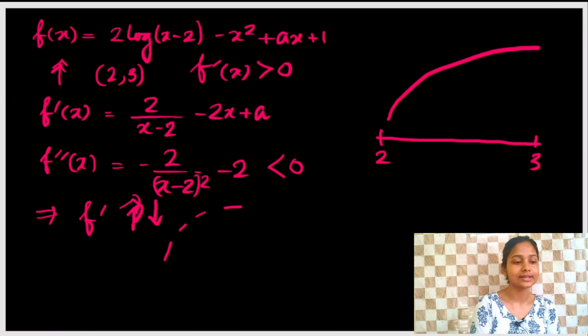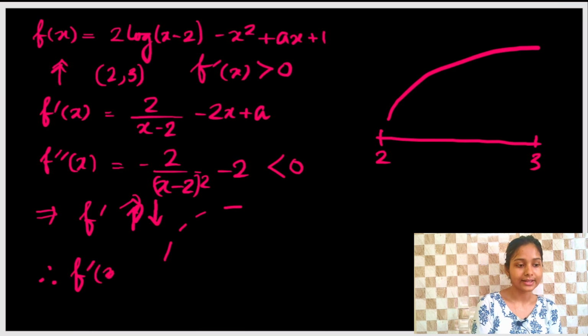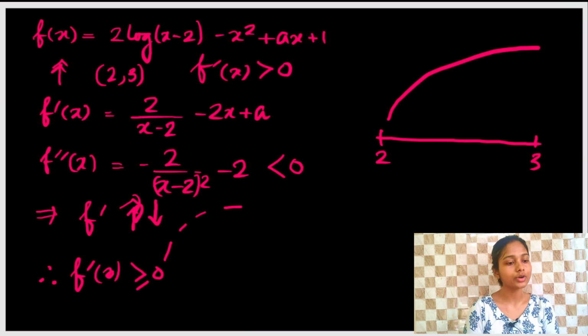So that means the condition which we obtain from here is that f dash of 3 is either positive or 0. Okay. So why am I suggesting that it can be positive? Because the question suggests that (2, 3) is the largest open interval in which the function is strictly increasing. So it can increase at the value 3, as the condition suggests an open interval, not a closed interval or semi-open interval like that.